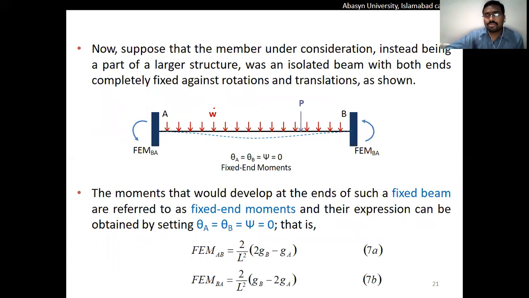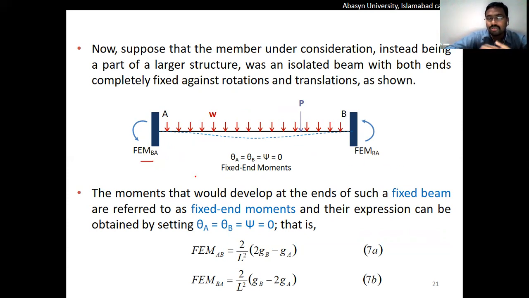Now, in order to calculate the fixed end moments, consider it as a single beam, and for every part consider both ends of the member as fixed, whether the support is a pin or roller, or it is a simply supported or hinge support. To calculate the moments, we consider that both supports are fixed at both ends.